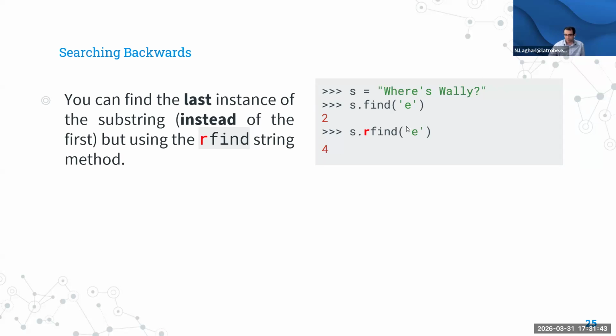So now this time it finds the second E in the string and it returns the location, because the rfind method starts searching from the end. Okay, but it still counts number 4 from the left-hand side. Yeah, so is it not right? So 0, 1, 2, 3, and 4.